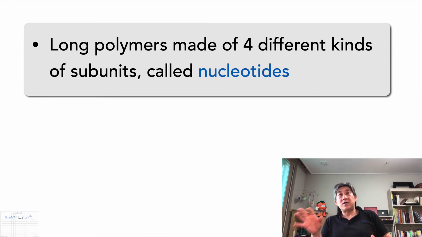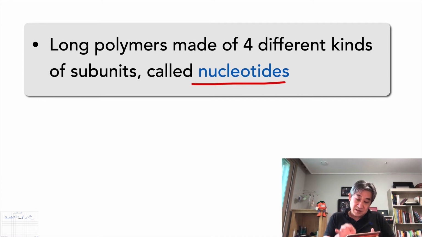Anyway, let's take a look at the chemical components of this DNA first. As I said before, it is a long polymer made of nucleotides, its individual components. And the kinds of different nucleotides are only 4.